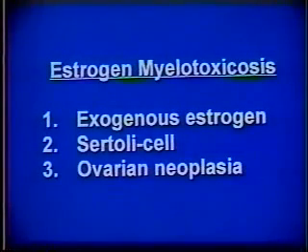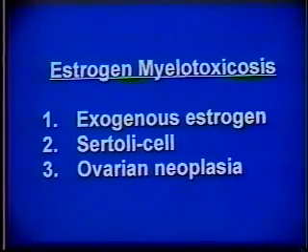We have to worry about bone marrow toxicity in the hyperestrogenism state, whether it's brought about by estrogen injections or that produced by Sertoli cell tumors or ovarian tumors.